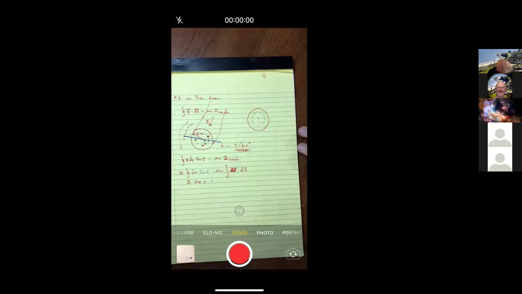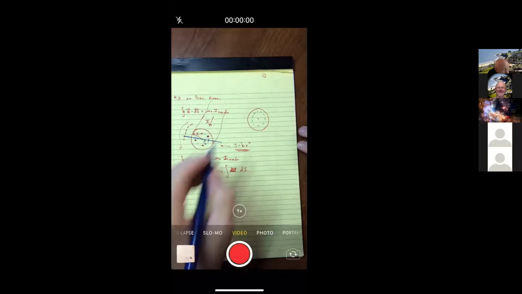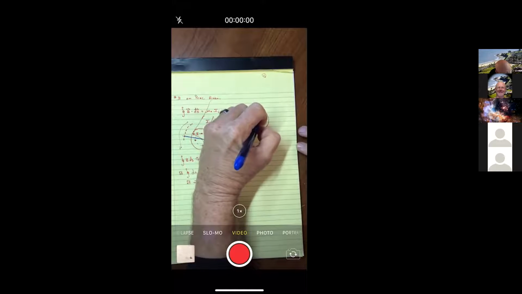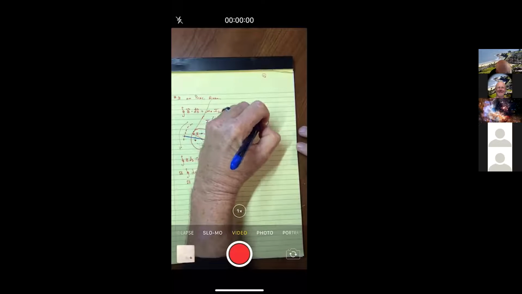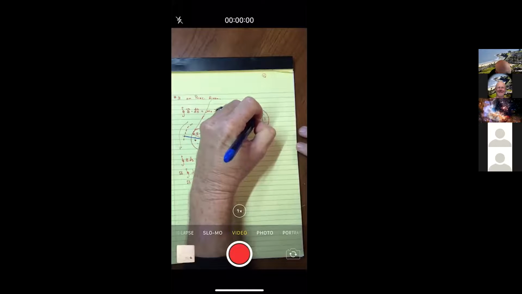And let me draw maybe a ring. And to make it stand out, let me give the ring a little bit of thickness. Maybe I'll color it in here.